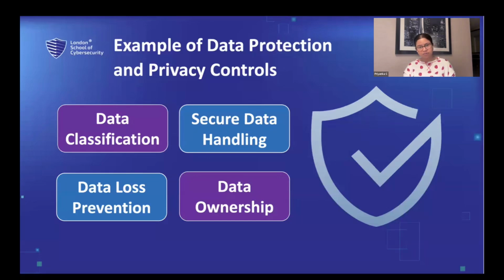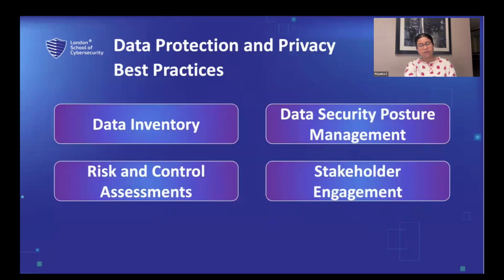That is where data loss prevention is very, very important. Practically, data loss prevention can be a mix of process and technology control. The technology control can exist within endpoint and device security as well, but from my perspective, I like to class it under the data protection and privacy control. These are some examples of data protection and privacy controls that we can implement to keep our data safe and maintain the privacy of the data.